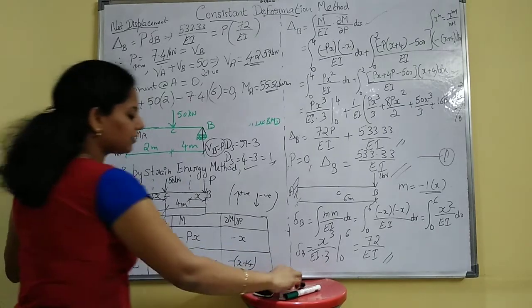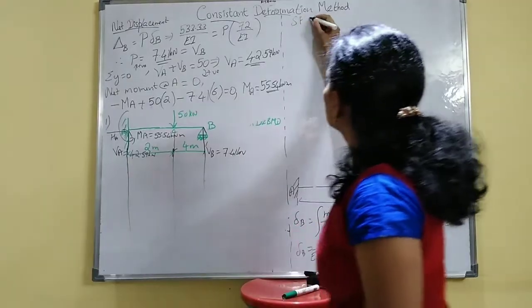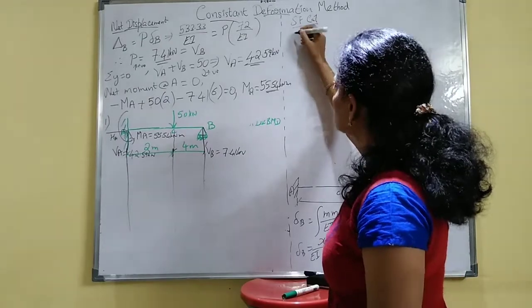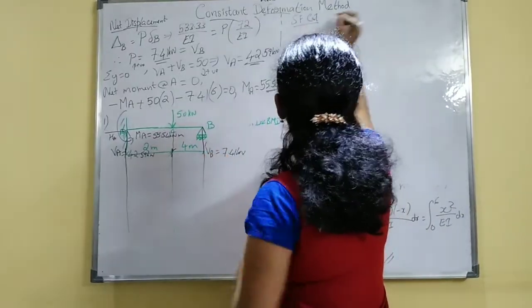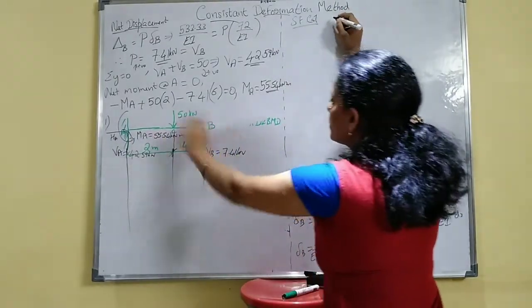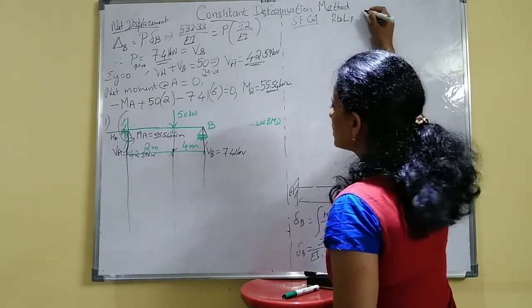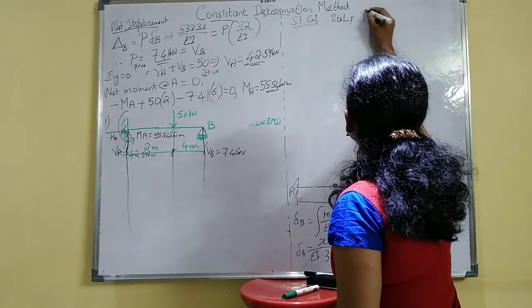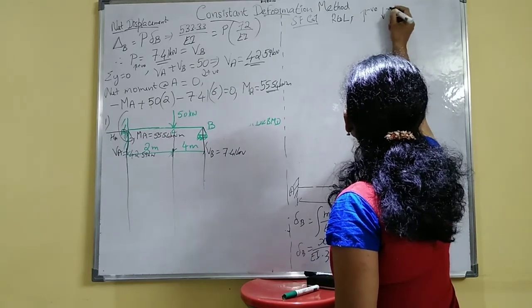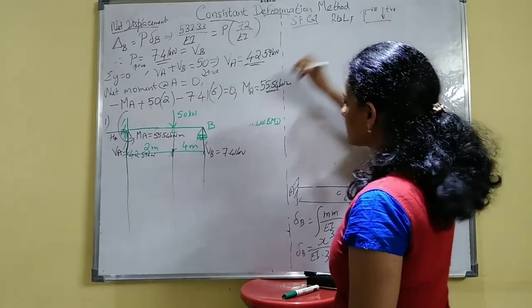Next, to draw the SFD and BMD, shear force calculation. So first you can consider from right to left, you have the sign convention: upward as negative, downward as positive. Okay, this is the sign convention.